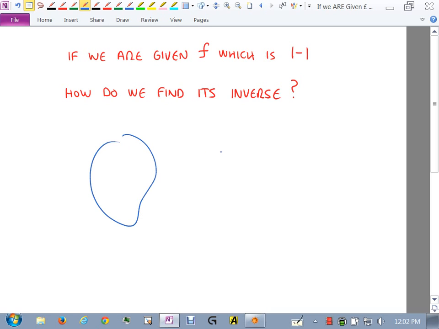Drawing a picture. Again, these pictures. I want to take a look at what happens here. When I pass my x value through f, I need to take that y value and send it back where? If this is going to be an inverse, it's got to go back to x, right?